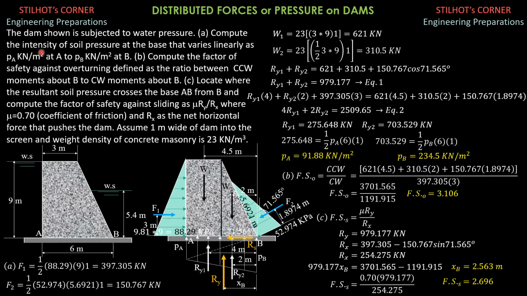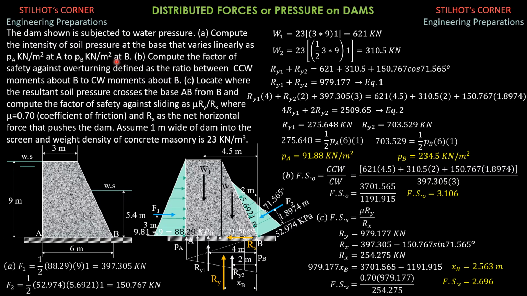For A, compute the intensity of soil pressure at the base that varies linearly as pressure at A in kilonewtons per square meter, then to B, which is P sub B, kilonewtons per square meter.